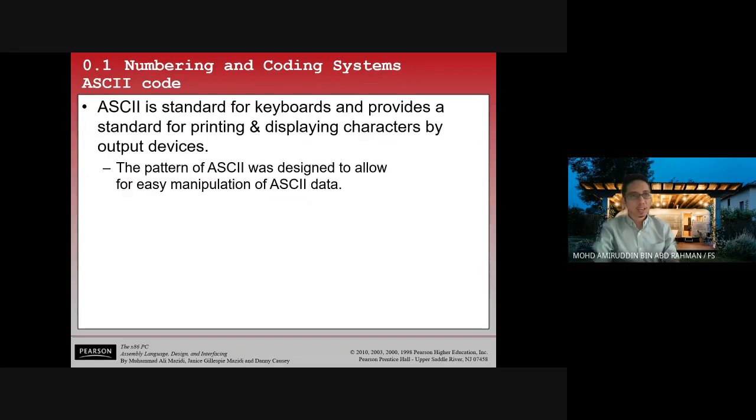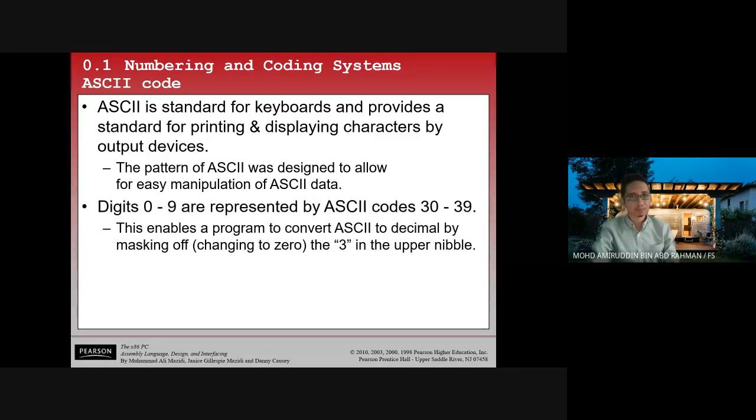The ASCII is the standard for keyboards and provides a standard for printing and displaying characters by the output devices. The pattern of ASCII was designed to allow for easy manipulation of the ASCII data. As you can see over here, digits 0 to 9 are represented by ASCII codes from 30 to 39.